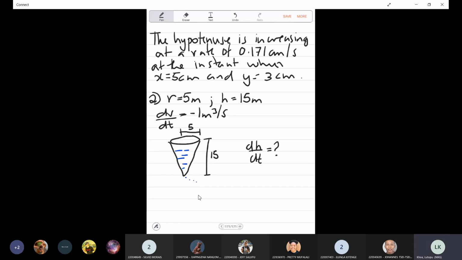Okay, so now what we do is we come up with an equation to relate all our variables. So we know that V is equal to a third pi r squared times the height.